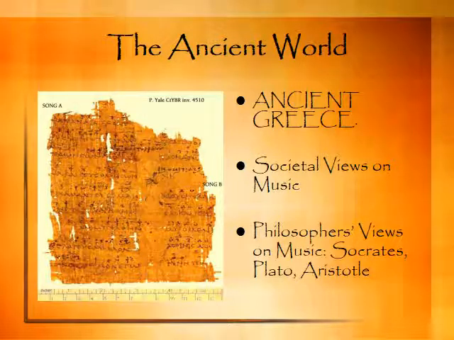First of all, I want you to consider a discussion question, which perhaps you'll want to think on while we're doing this lecture. How do you believe that ancient civilizations, such as ancient Greece or ancient Rome, viewed music? Do you think they thought of it as something good, something bad, or perhaps a little bit of both?